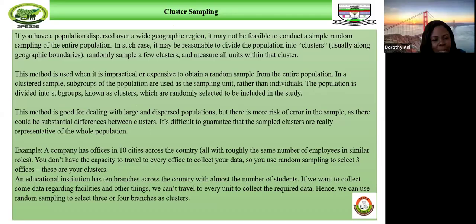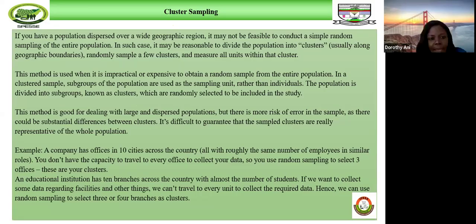Like I am studying First Bank to know how they administer loans to farmers and all that. I may not need to go to all the First Banks in the whole country because there is similarity in their banking policy.